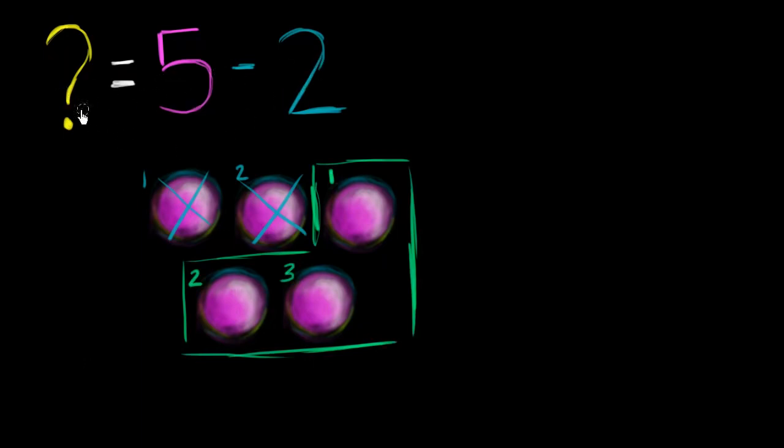That something is 3. 3 is equal to 5 minus 2. So let me just replace this with a 3. So we see that 3, let me do the 3 in the same color as this green. So we see that 3 is equal to 5 minus 2, or we could say that 5 minus 2 is equal to 3. Either way.